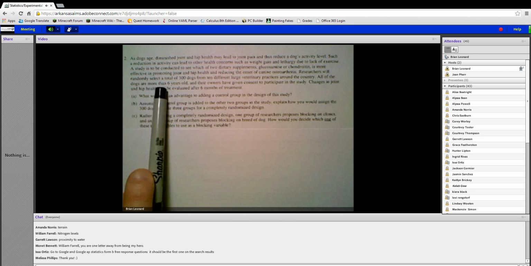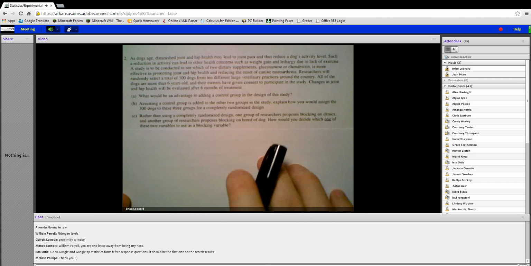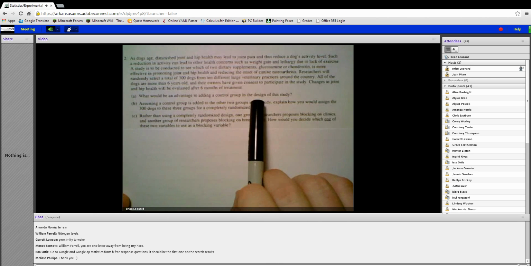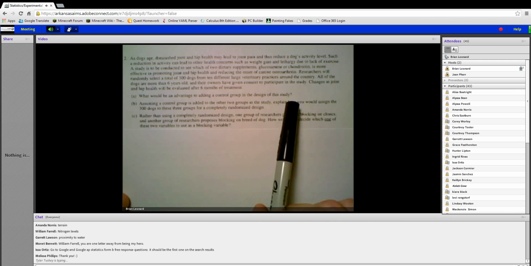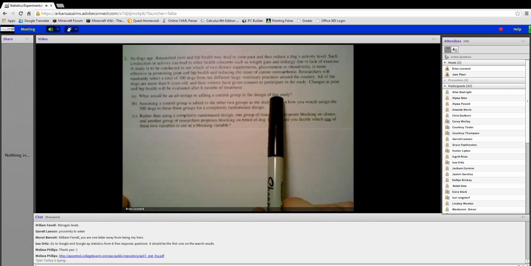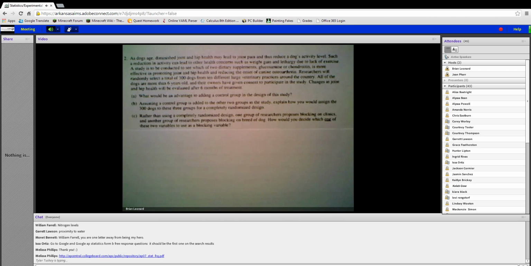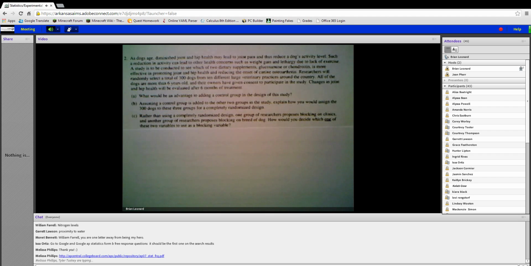Researchers will randomly select a total of 300 dogs from 10 different large veterinary practices around the country. All the dogs are more than 6 years old, and their owners have given consent to participate in the study. Changes in joint and hip health will be evaluated after 6 months of treatment.